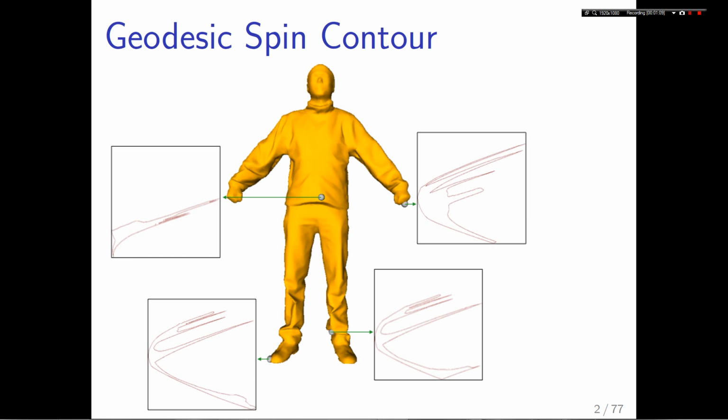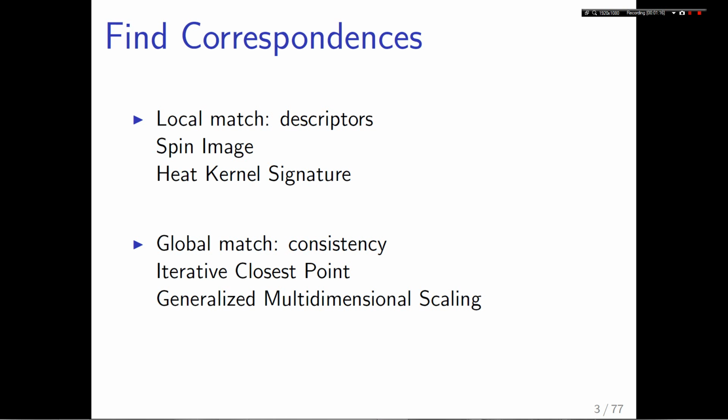Before I move to the detail of how I get them, let me show you why we designed this descriptor first. This descriptor is designed for finding correspondences between two shapes. Generally speaking, many methods first use local matching to select some initial set of correspondences, and then use this local match in the global match, which consistently finds the full correspondence.